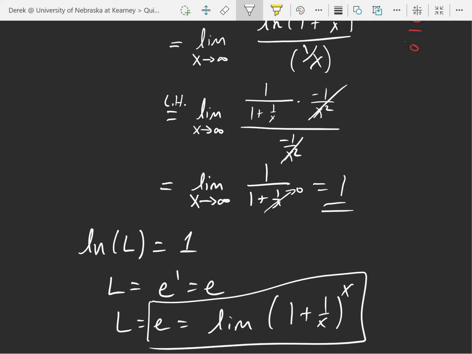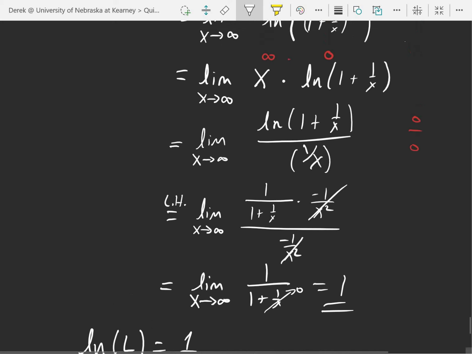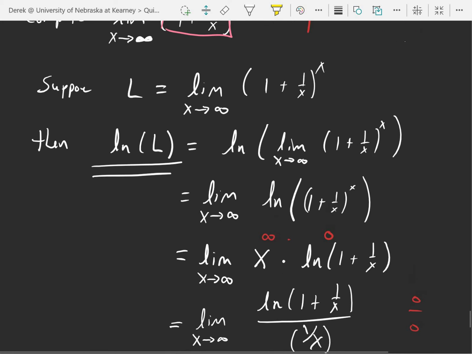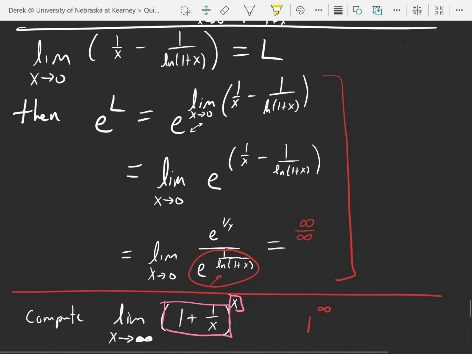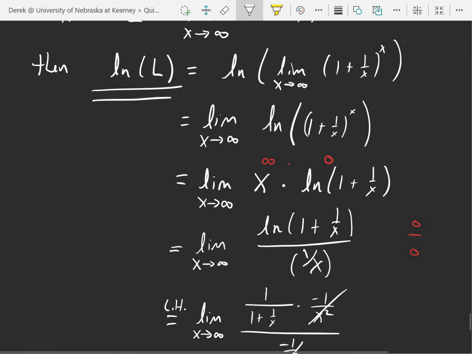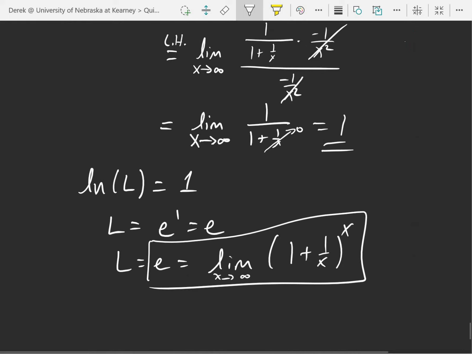So we use L'Hopital's rule to show that sort of standard limit as x goes off to infinity. So using the trick of continuity and exponentials or logarithms is how we change forms. So here we used an exponential and continuity to change to an infinity over infinity form. Here we used a logarithm and continuity to change to a 0 over 0 form.